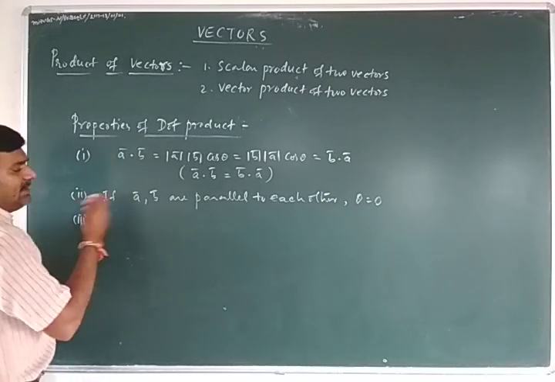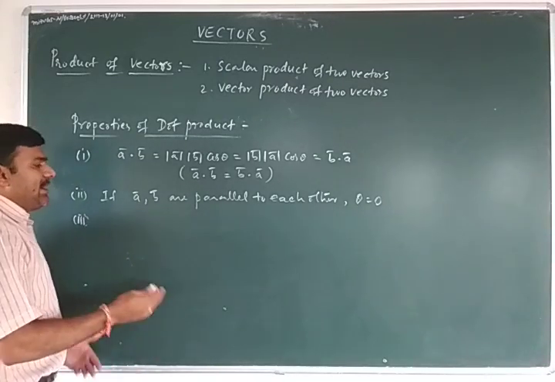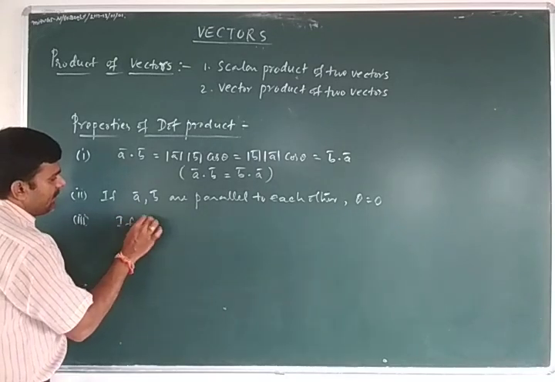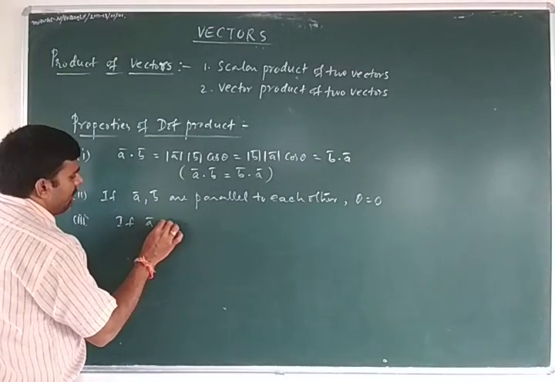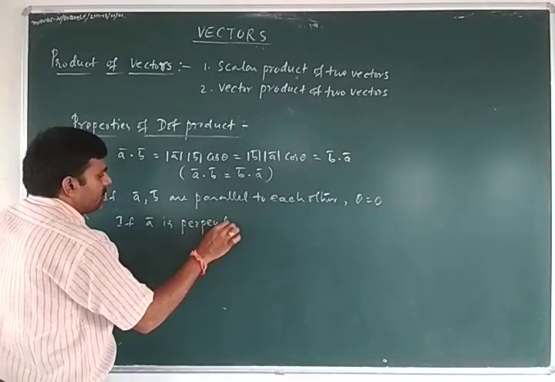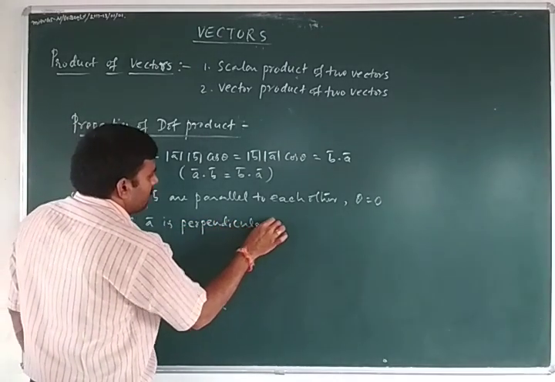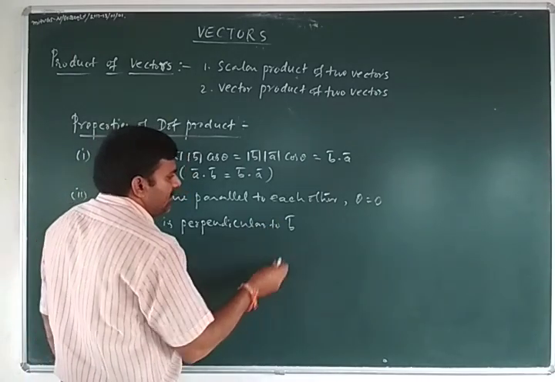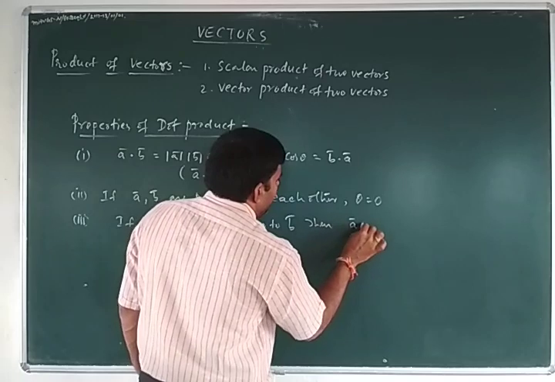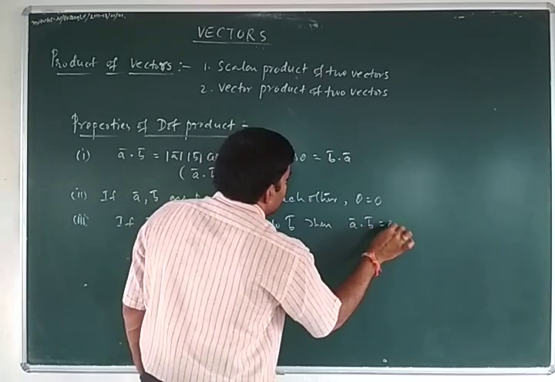If vectors A bar and B bar are perpendicular to each other, then A bar dot B bar is equal to 0.